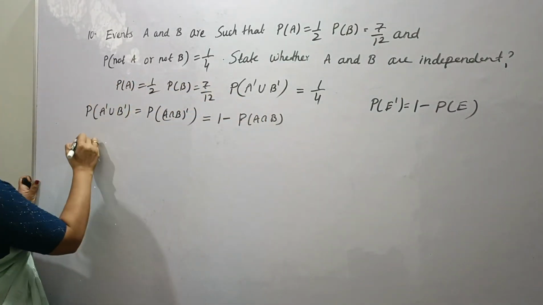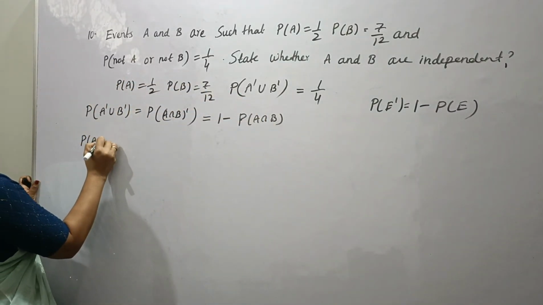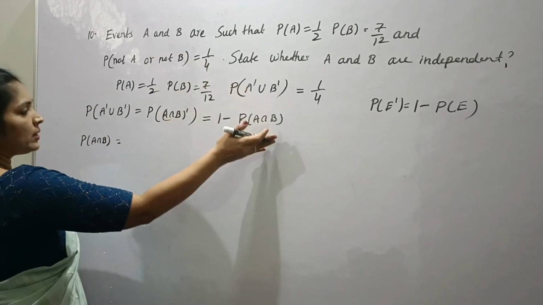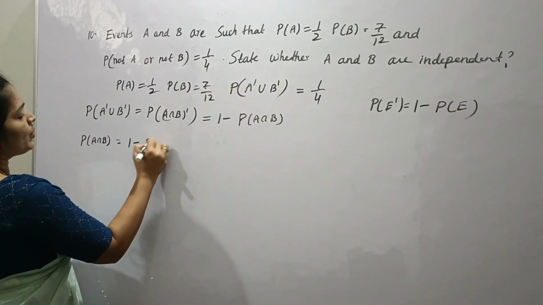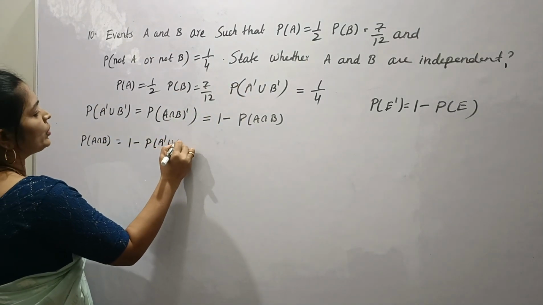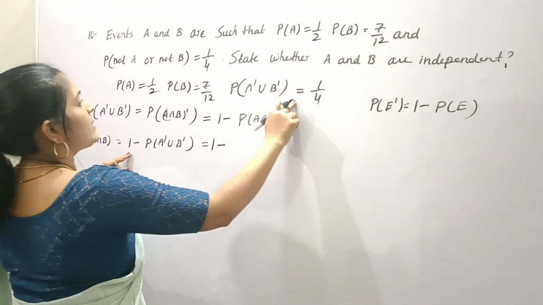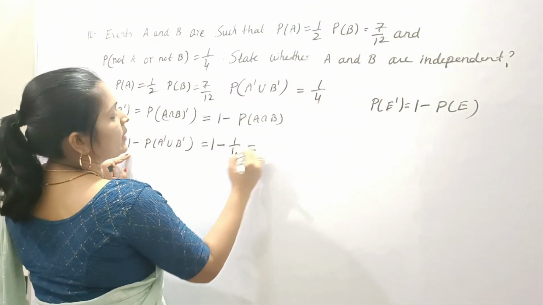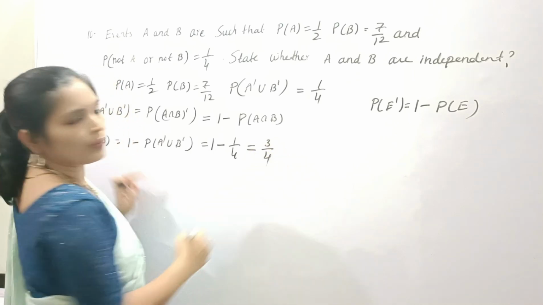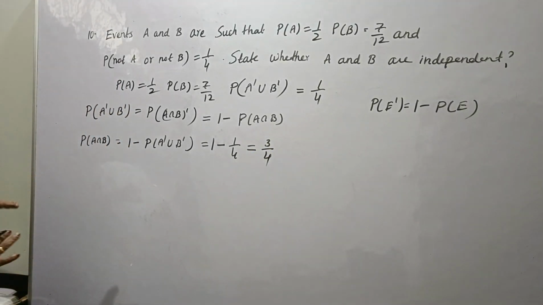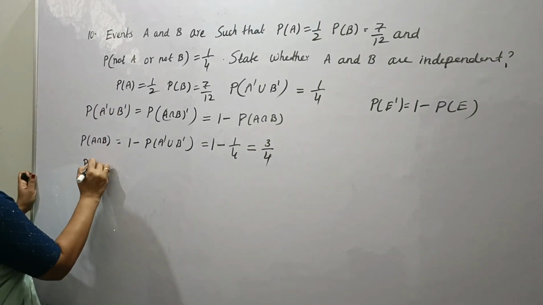Probability of A intersection B is equal to 1 minus probability of A complement union B complement, that is 1 minus 1 by 4, that is 3 by 4. Now what is probability of A into probability of B?